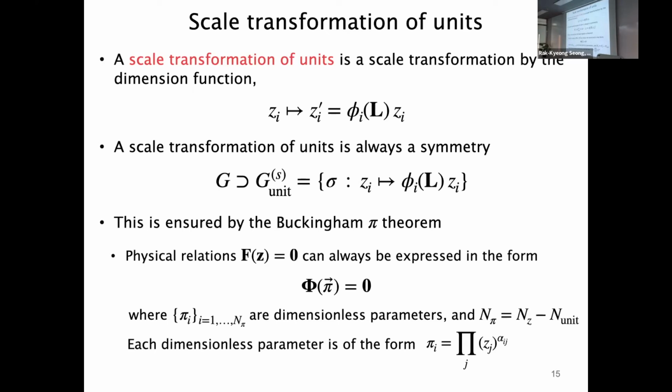Since the physical relations are expressed using dimensionless parameters, and dimensionless parameters are invariant under these scale transformations, this is always a symmetry of the system, or rather a trivial symmetry.